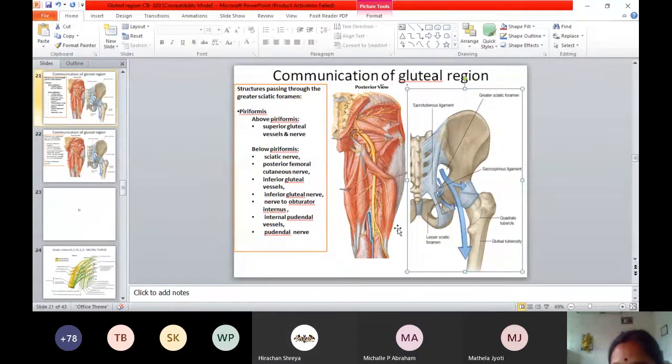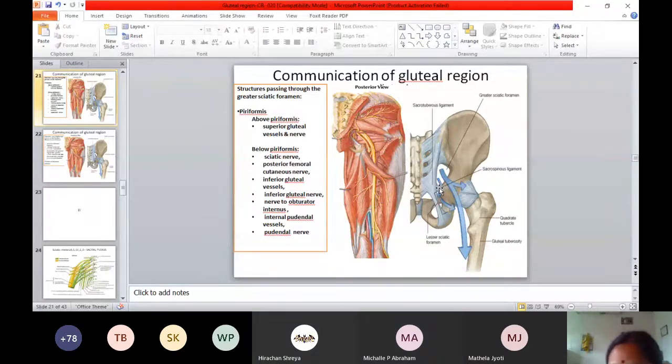Both the notches, the greater sciatic notch and the lesser sciatic notch, are converted into foramina by two ligaments. Can you see this ligament? What is the name of the ligament from the sacrum to the ischial tuberosity? Sacrotuberous ligament. Yes. What is the name of this conical spine? Ischial spine.